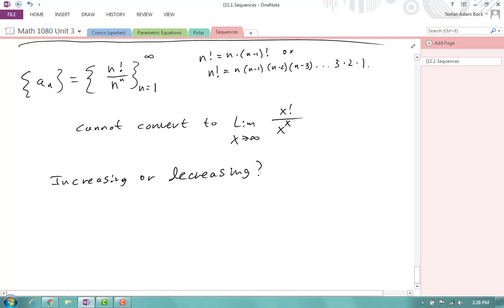So what I'll do is I'll try two general terms. The n plus 1 term would be n plus 1 factorial divided by n plus 1 to the n plus 1. And the n term is n factorial over n to the n. So the question is, which is bigger?